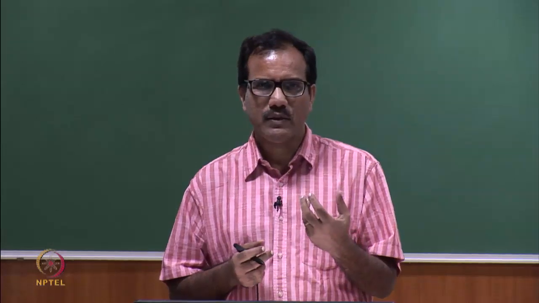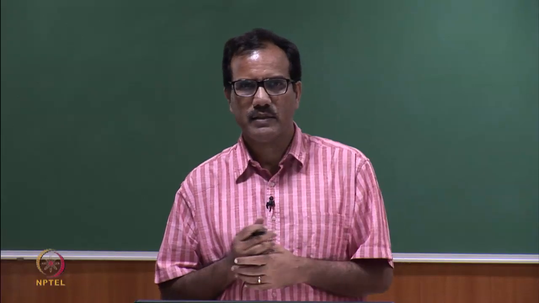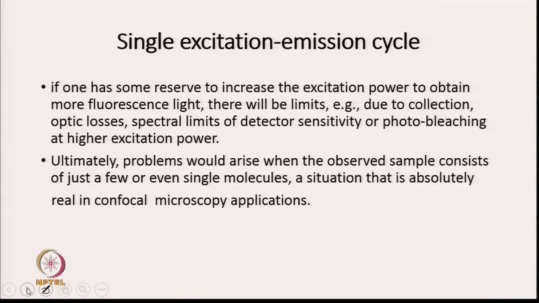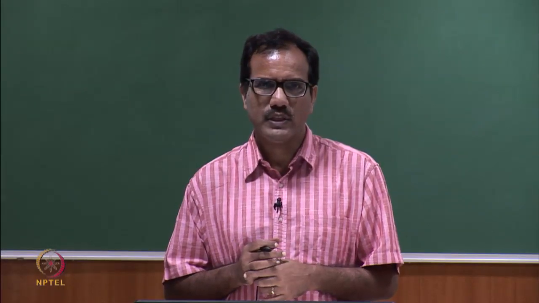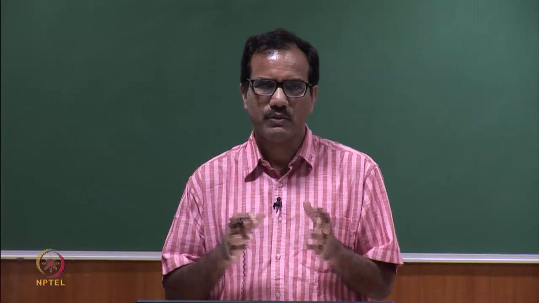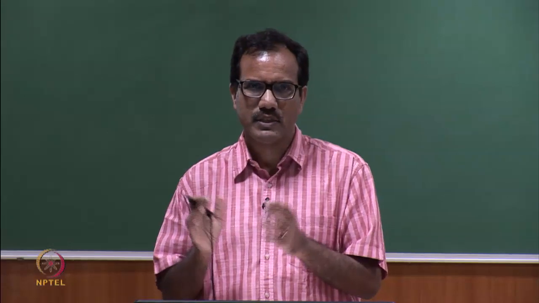One way we can think of is to increase the excitation power to obtain more fluorescence light, but there are limits because of collection, optical losses, and spectral limits of detector sensitivity, and if I use higher excitation power, there is a chance of photo bleaching. So, these are the problems associated with a single excitation emission cycle.